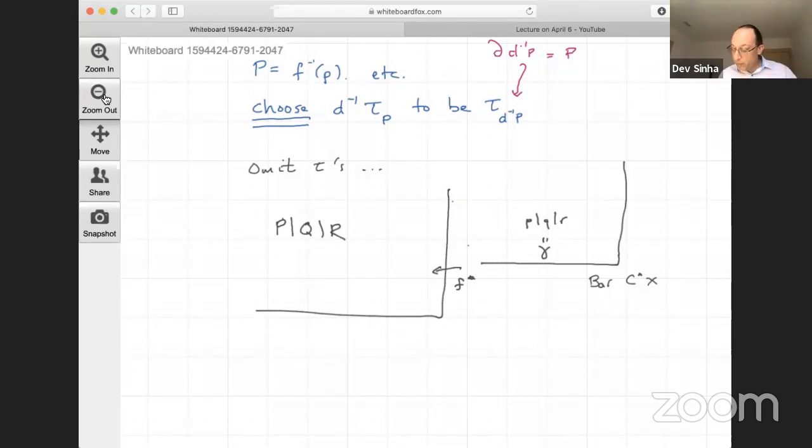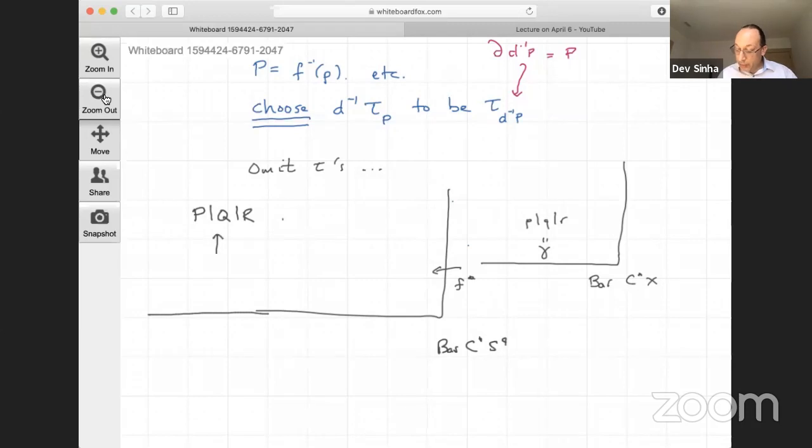Let me move this over a bit, sorry, to give myself a little more space. So we have capital P bar capital Q bar capital R. And in this bar construction, this is now in the cochains of the 4-sphere in this case.